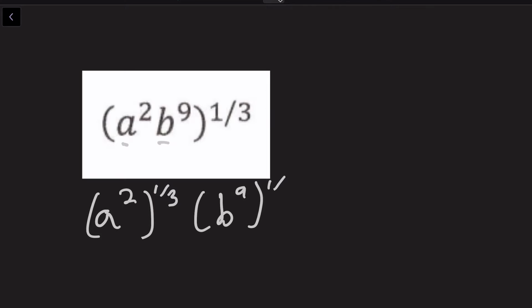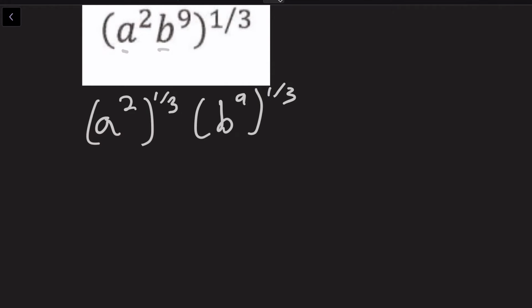This next one, we have a squared times b to the 9th inside of the parentheses, and we have 1/3 as the exponent on the outside of the parentheses. What I want to do here first is distribute that 1/3 to each one of our values, to the a and to the b. So a squared to the 1/3, b to the 9 to the 1/3.